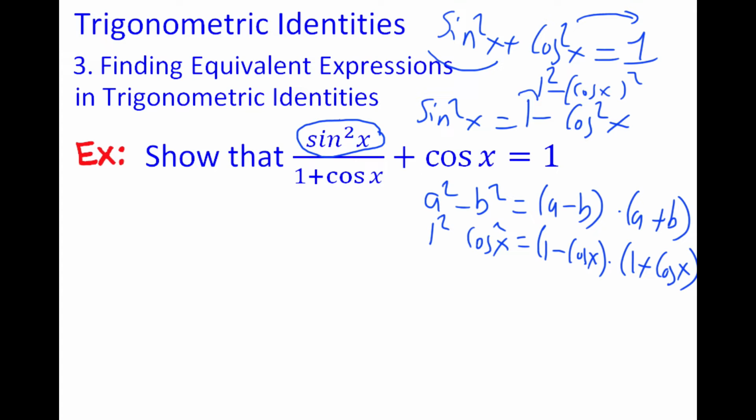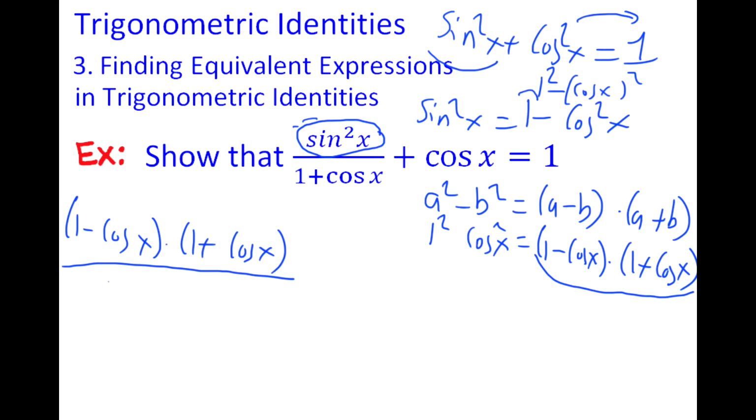So instead of this sine square, I can write this expression. So once we do it, then we're going to have 1 minus cosine x times 1 plus cosine x divided by, in the denominator, 1 plus cosine x, plus I have another cosine x here, and that is 1, guys.